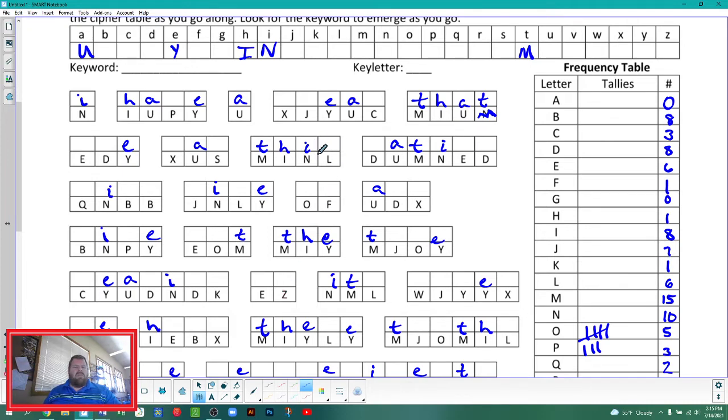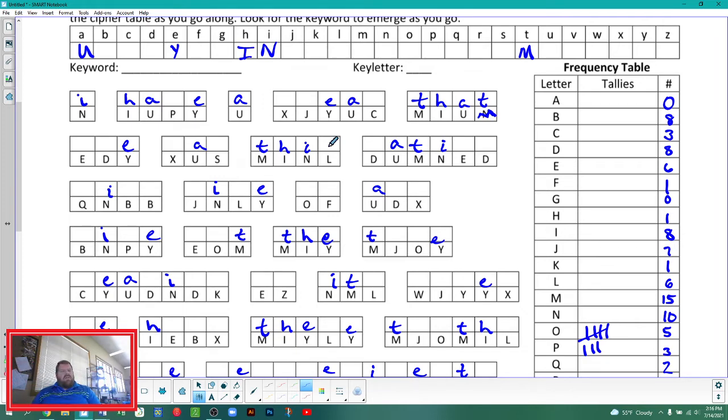Maybe here I have THI and I have L. And I only have a couple options there. I'm thinking of four-letter words that start THI. I can think of thin or this.